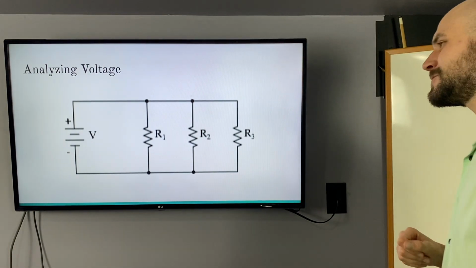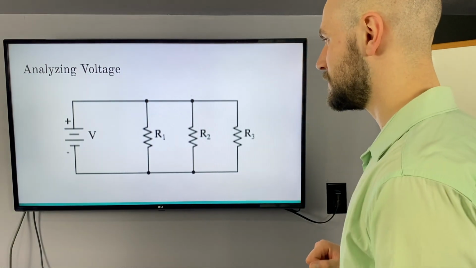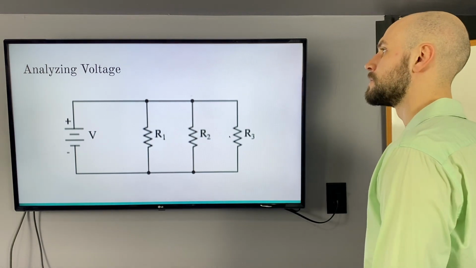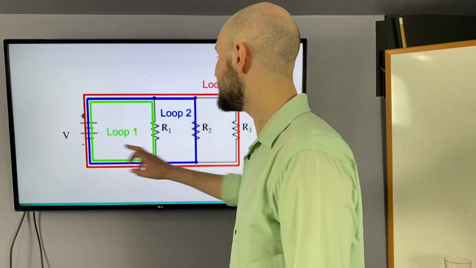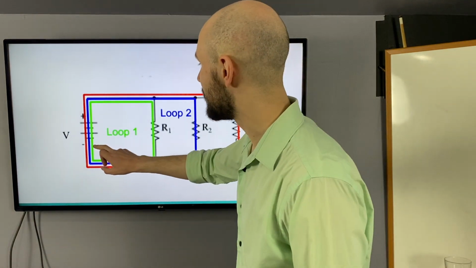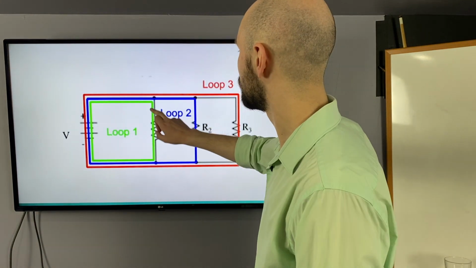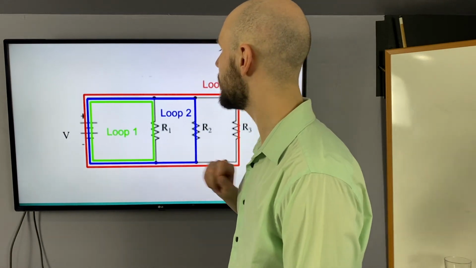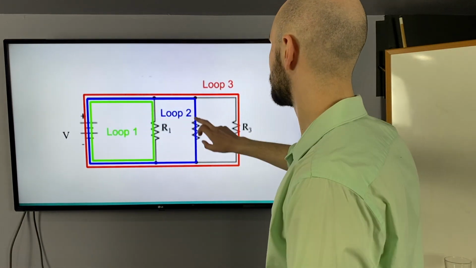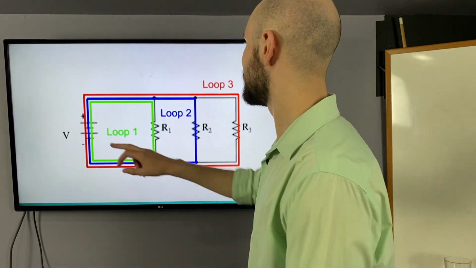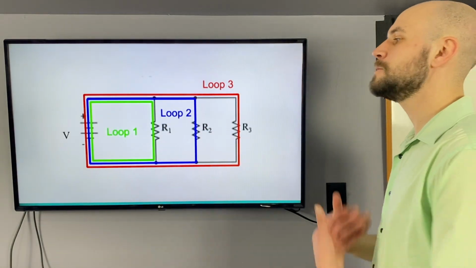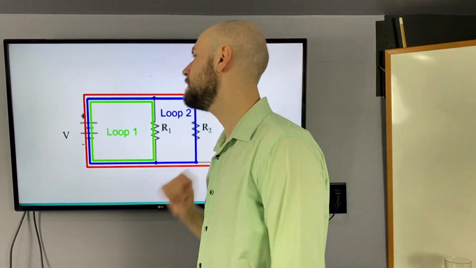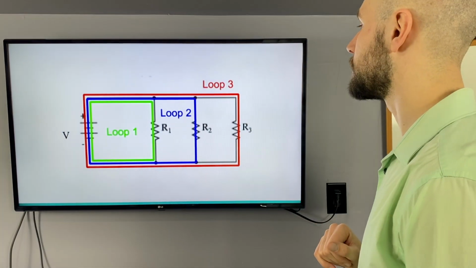Now for a series circuit, we only had one loop for the current to go through. But here, we have at least 3 different loops. We have loop number 1, where we go across resistor 1 and come back. We have loop number 2, where we go across resistor 2, and loop number 3, where we go across resistor 3. So let's say hypothetically we have a 12-volt source from our battery.